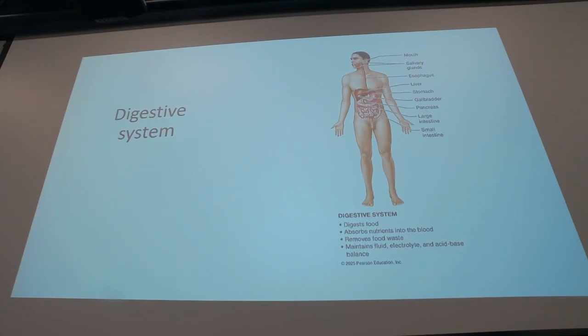Digestive system is in charge of digesting our food, which is breaking down the food, absorbing nutrients into the blood, removing food that we don't use, removing waste, maintaining fluid, electrolyte, and acid-base balance.